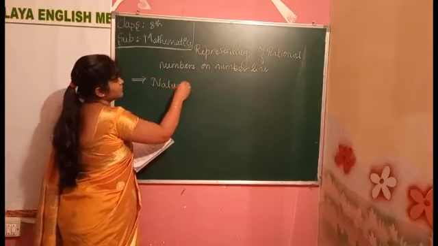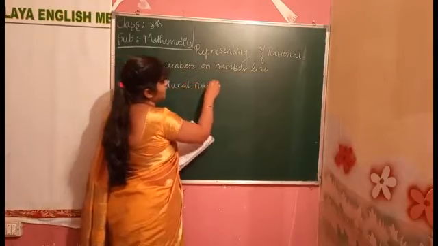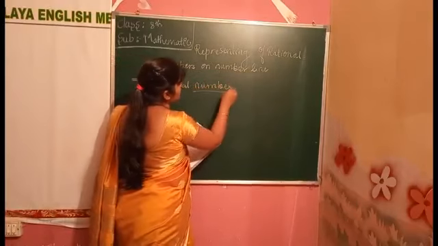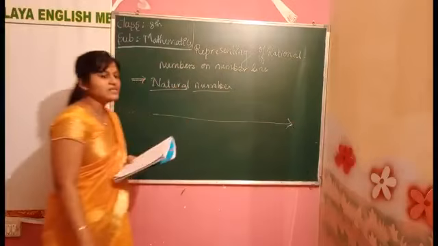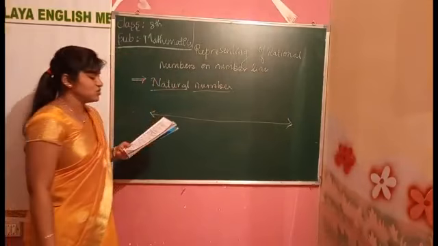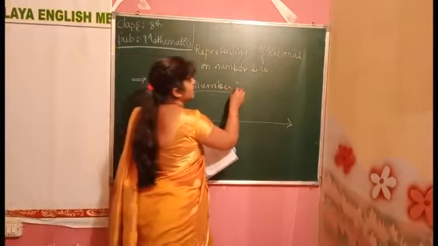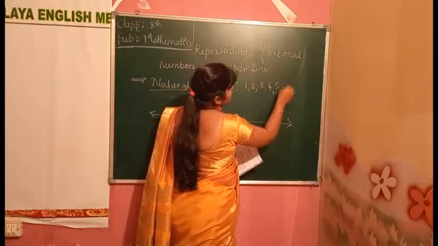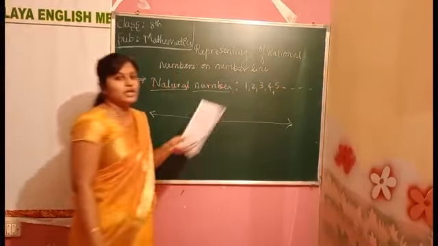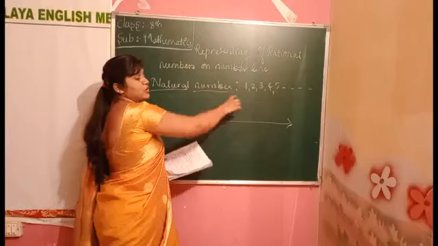Number line using natural numbers. How do we draw natural numbers on the number line? The same line. In natural numbers, what all numbers do we have? All the natural numbers, that is 1, 2, 3, 4, 5, and so on. Yes, these all are natural numbers. Here we do not include 0.